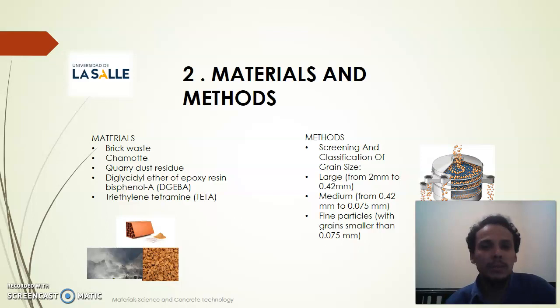Materials and methods. A brick residue, CMOT, and a dust residue from a quarry. The polymer used as matrix was the diglycidyl ether of bisphenol A epoxy resin mixed with triethylenetetramine.